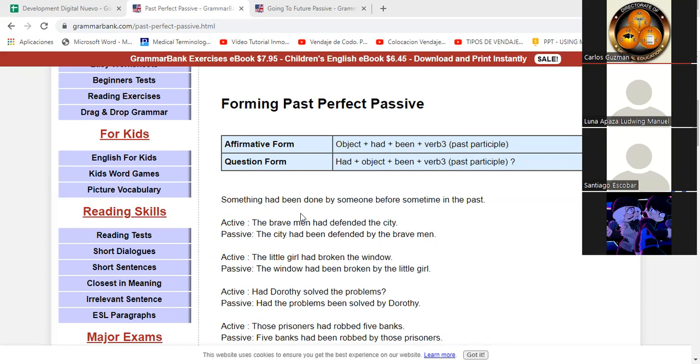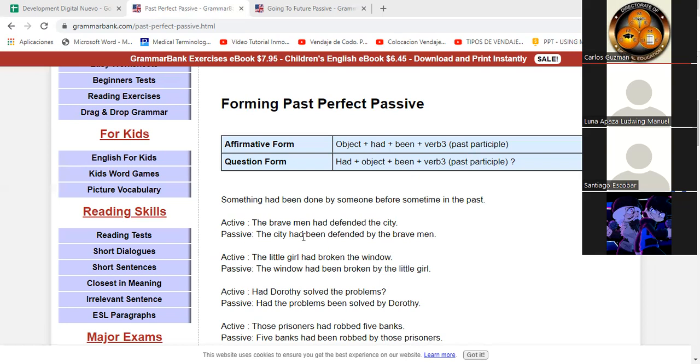Okay, very good. So everybody, the brave men, the subject, they're doing the action, had defended the city, right? They did the action. That's active voice, every time the subject does the action. And then with the passive voice, the city becomes the subject and receives the action, by the brave men in this case.